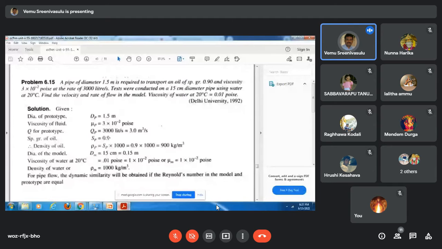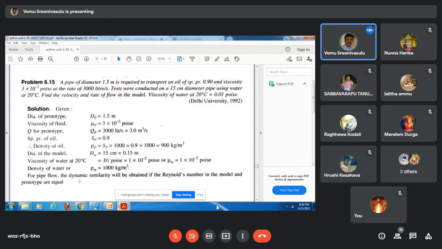Density of the oil is specific gravity into density of water, that is 0.9 into 1000, so 900 kg per meter cube. The diameter of the model is 0.15 meter, 15 centimeter. Viscosity of water at 20 degrees centigrade is 1 into 10 to the power of minus 2 poise, and density of the water is 1000 kg per meter cube.